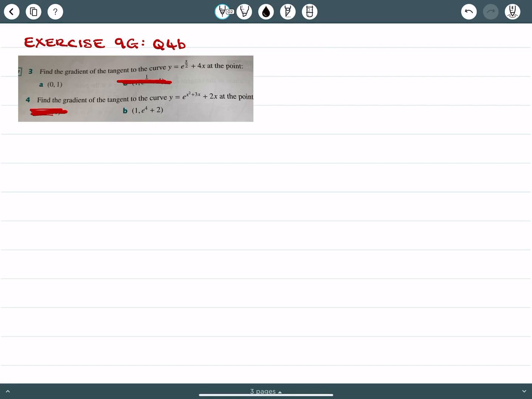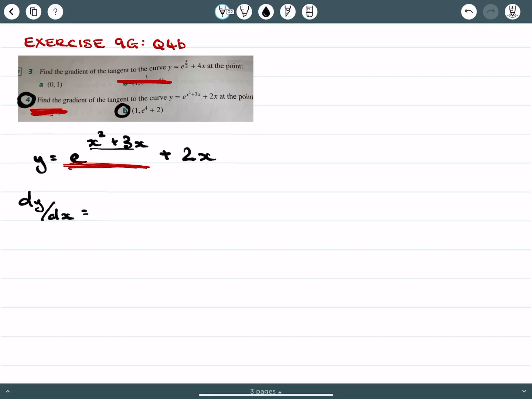Going down to question 4 and looking at B, we're going to do a similar thing, but here we're going to have to notice that this expression involves a composite function. And the composite function is this section of the function that we need to be aware of. So when I evaluate dy dx, I'm going to first find the derivative of this function, 2x plus 3, and then this is going to be e raised to the power of x squared plus 3x.